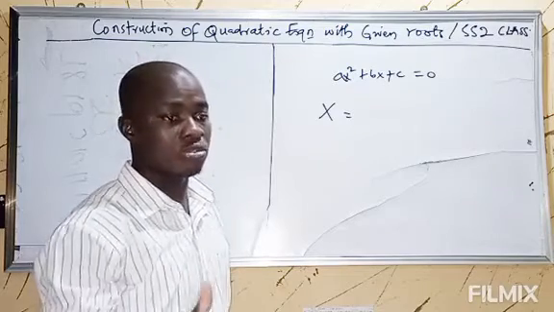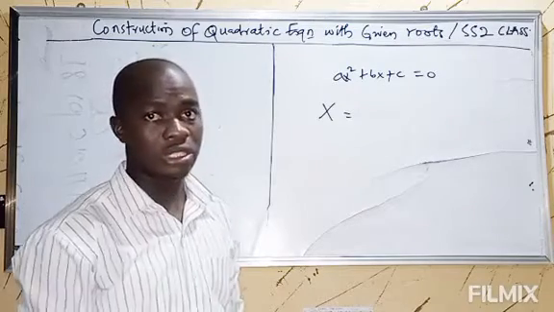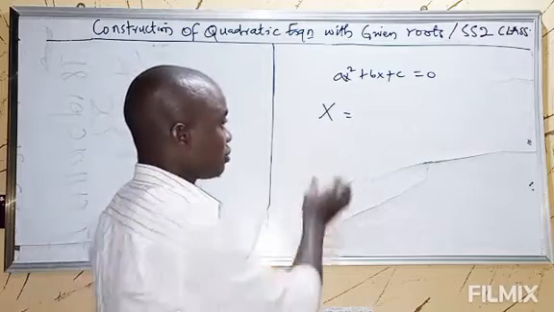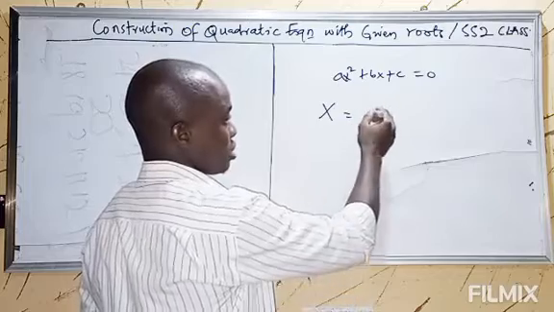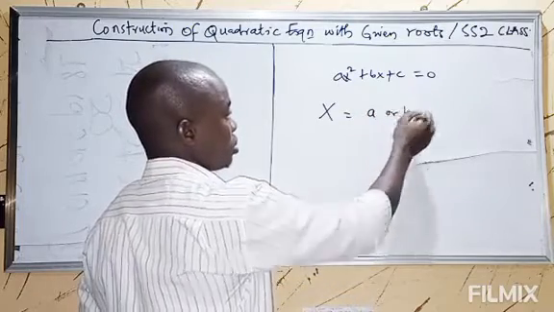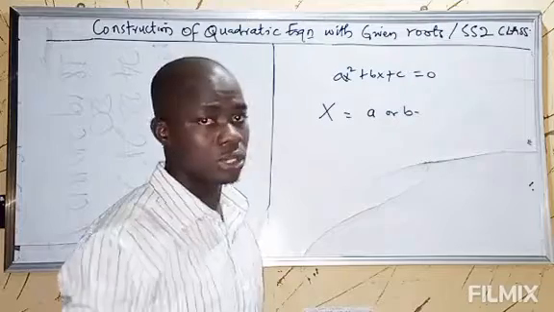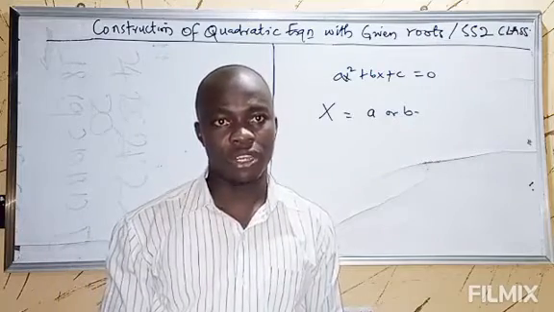Therefore, the two possible values of the variable x are called the roots. Here we have our solution or our roots in the form x is equal to a or b, where a and b could be any values.